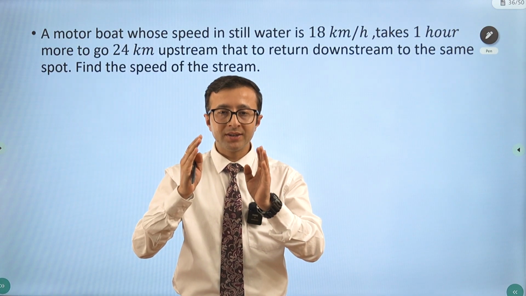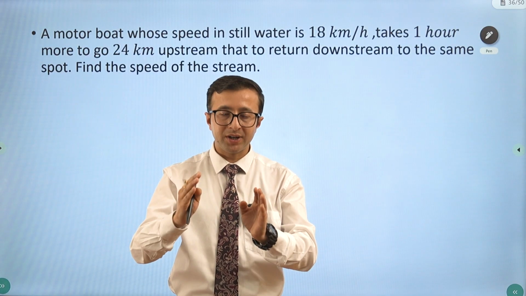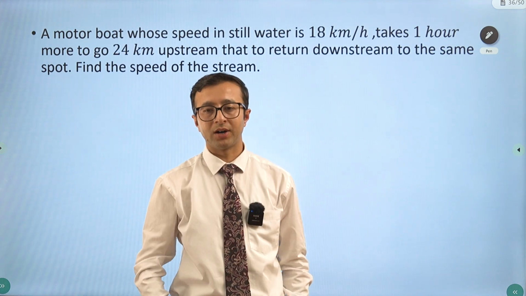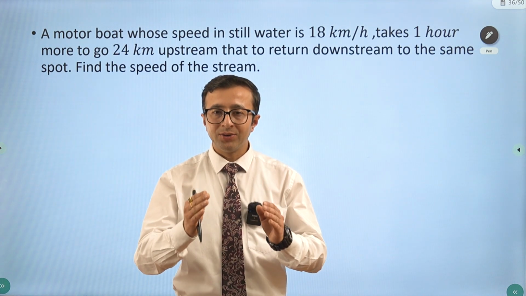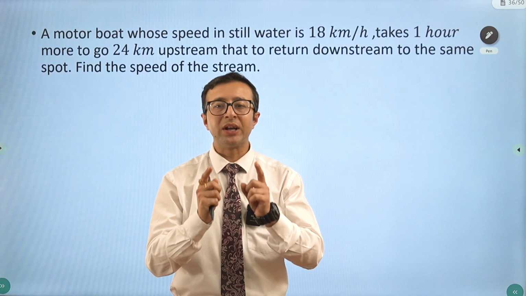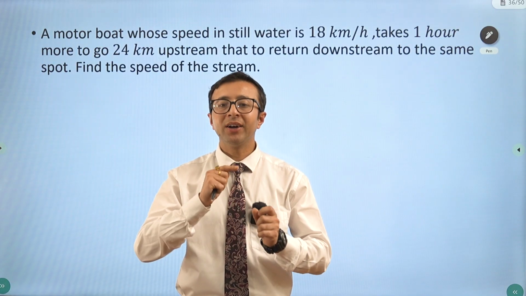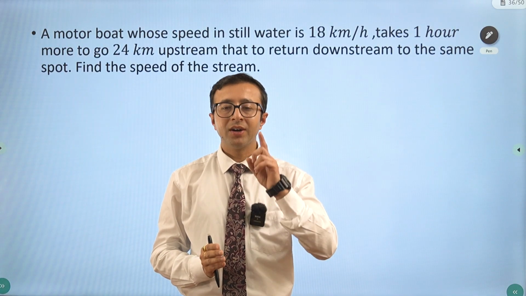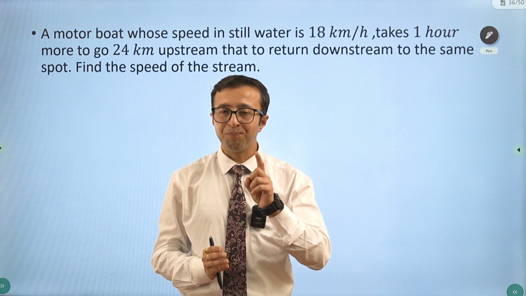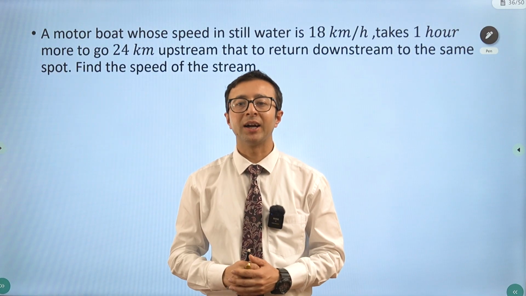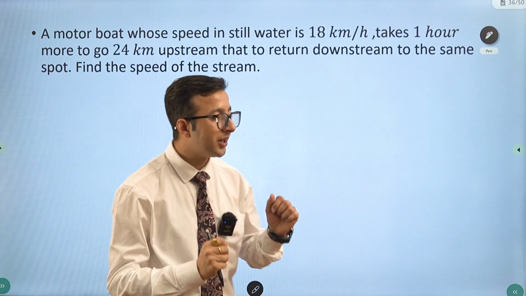Clear? Because the stream's speed is more, you will be drawn downward. It means that during downstream, the speed will be added. During upstream, speed will be subtracted. Remember, your speed should be more than the speed of the stream to go upstream.